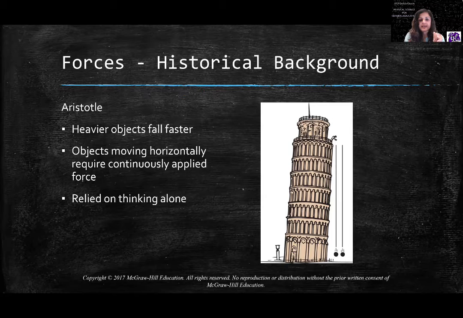Aristotle was a scientist who did some experiments on falling objects, and he said that heavier objects fall faster, and that objects moving horizontally require a continuously applied force. So when we go back to the scientific method, Aristotle just had his observation, he relied on thinking.